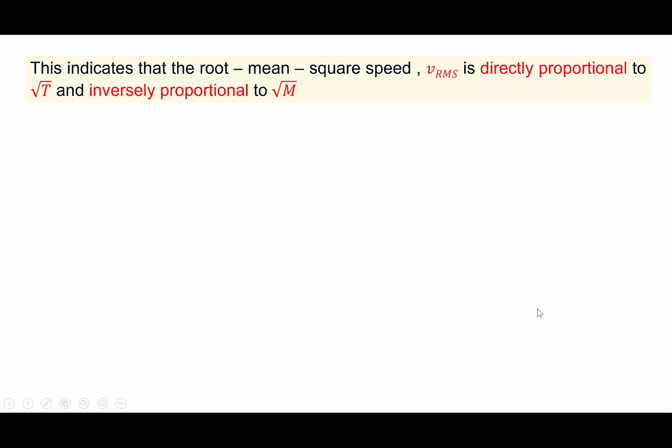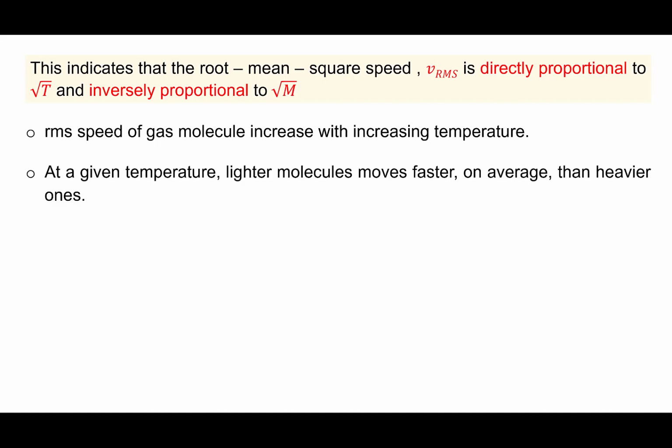Lastly, this indicates that the root mean square speed, Vrms, is directly proportional to the square root of T and inversely proportional to the square root of the molar mass. The RMS speed of the gas will increase with increasing temperature, and at a given temperature, lighter molecules move faster on average than heavier ones.